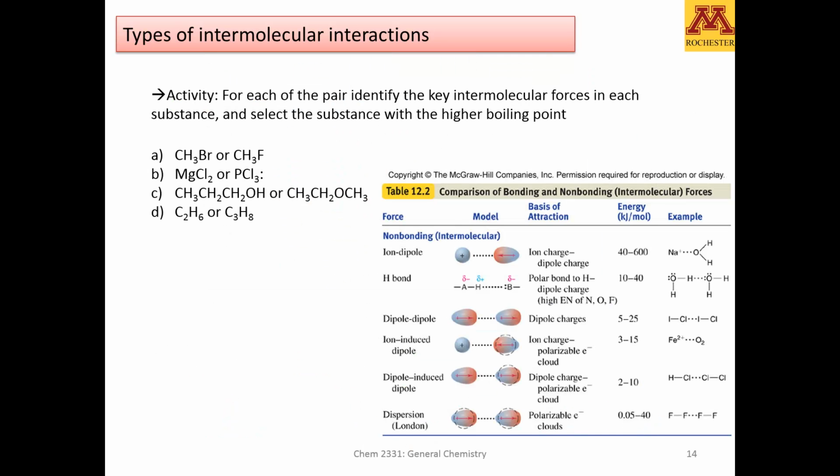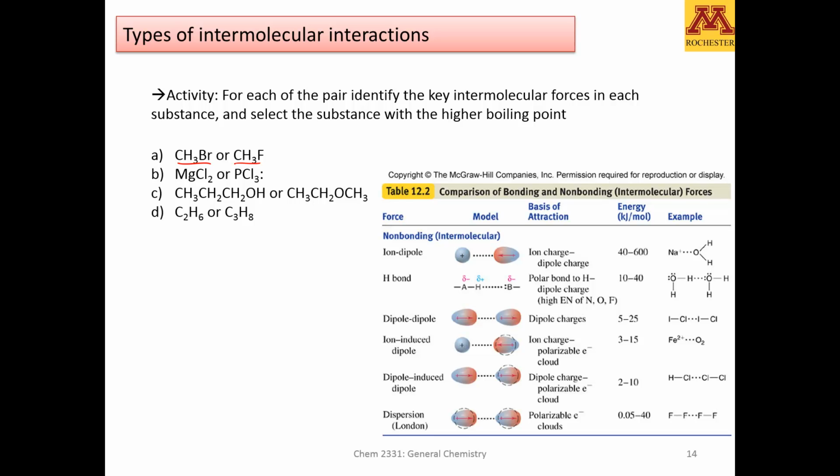All right, so let's finally run a little bit of problem solving and see if we can answer some questions. In this case, we have to figure out which substance will have the highest boiling point. So for A, you have bromomethane and fluoromethane.